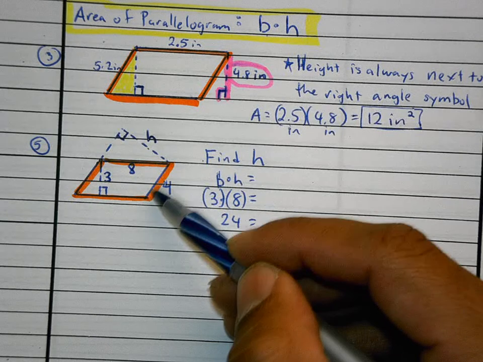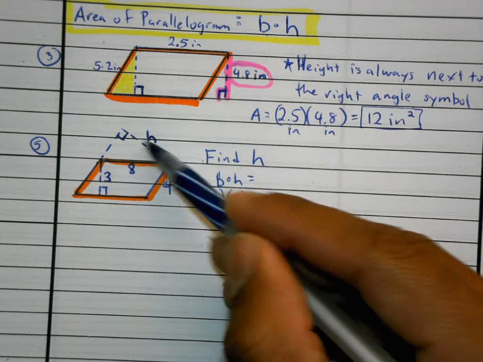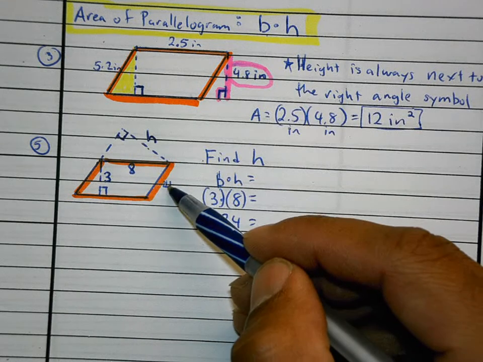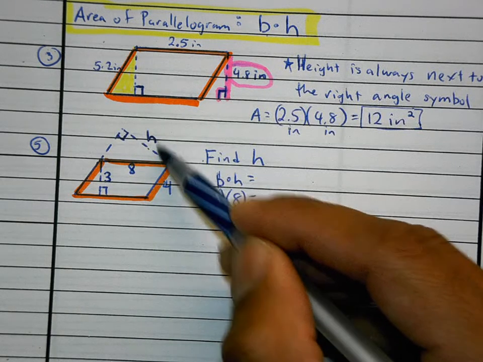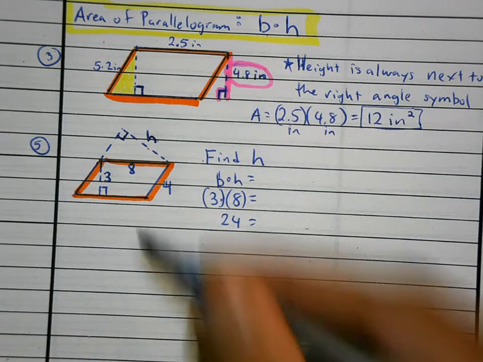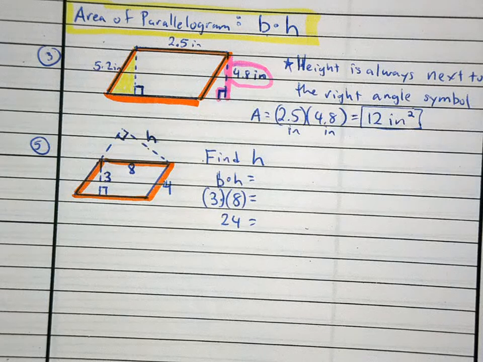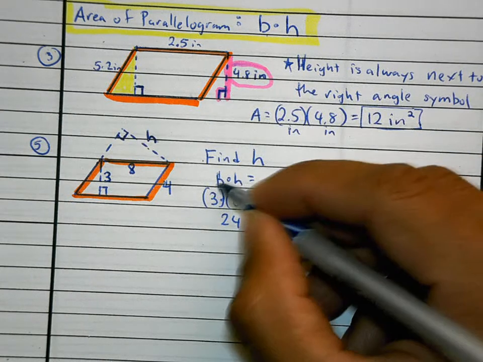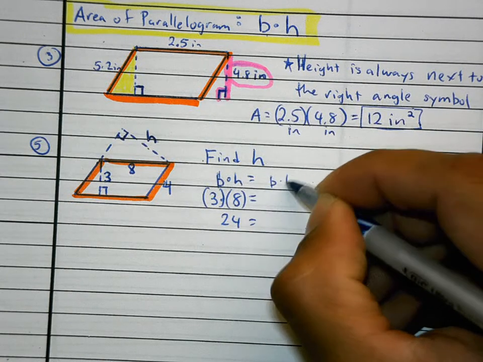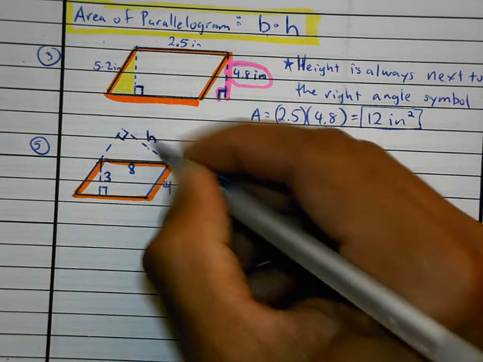Is there a perpendicular to the 4? What's perpendicular to the 4? So this 4 times that 8 should equal the same area, believe it or not. Because we could cut this and then take that triangle and fill in the gap. So that means that this base times height should equal the other base times height, and this other base is 4, and this other height is h.